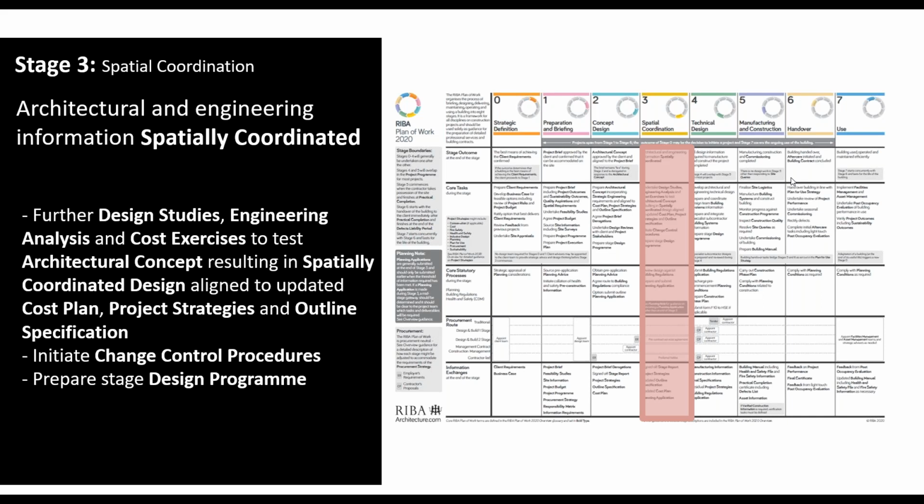And of course, if the building has not been spatially coordinated at stage 3, then we potentially hand over issues to a design team that are not familiar with how the design is developed. So really important that the building is spatially coordinated at the end of stage 3. And of course, we've now got change control in place so that we can track where changes are made and the decisions around that. And of course, another design program. Next slide.